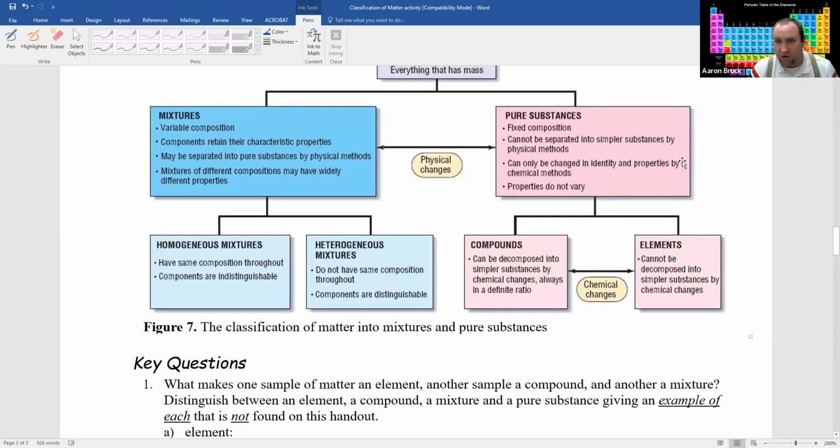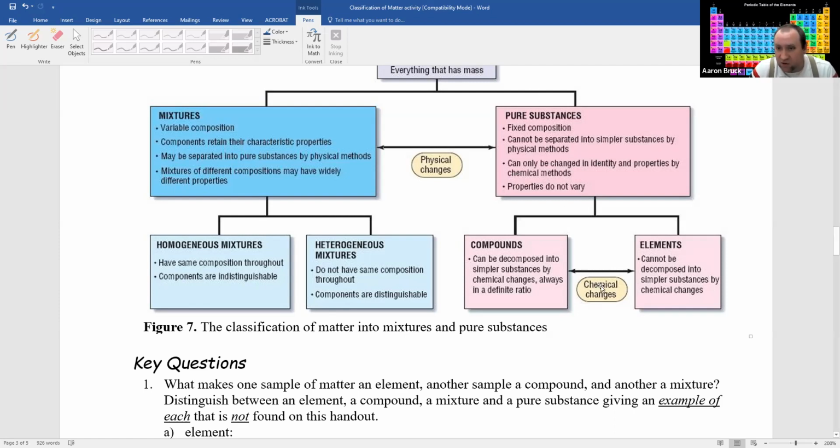If you drill down from here, what we'll see is that pure substances are pure. They have a fixed composition, and we cannot physically separate them. So I can't take the water that I have and turn it into hydrogen and oxygen just by simply separating them. I'd have to do some kind of a chemical process to get the hydrogen and the oxygen to separate from each other.